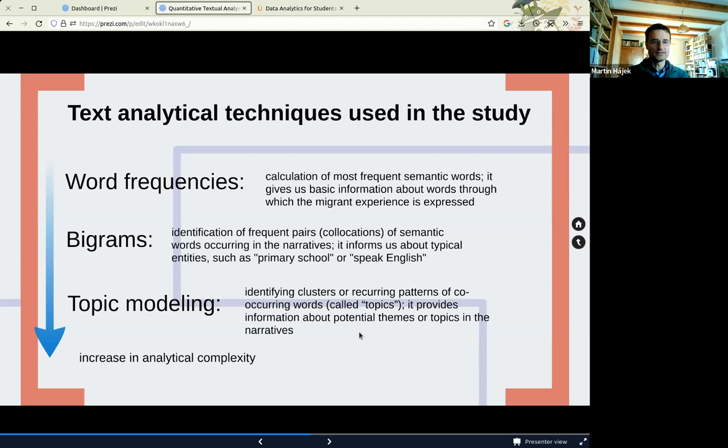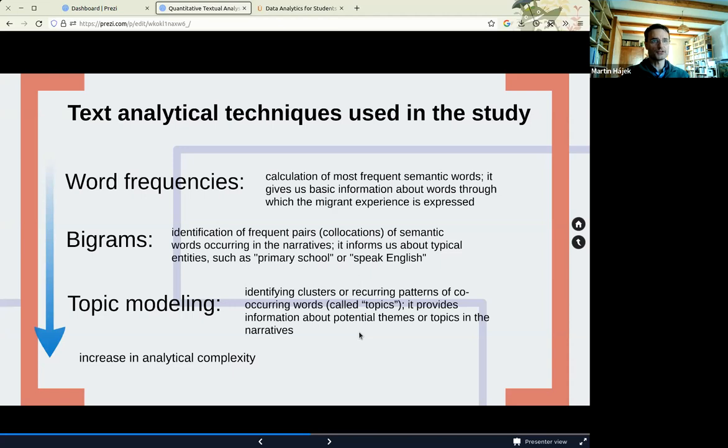And these patterns are called topics. So that's why it's topic modeling, rather than topic identification or topic determining. What it does is that it offers hypotheses about possible topics in the text.